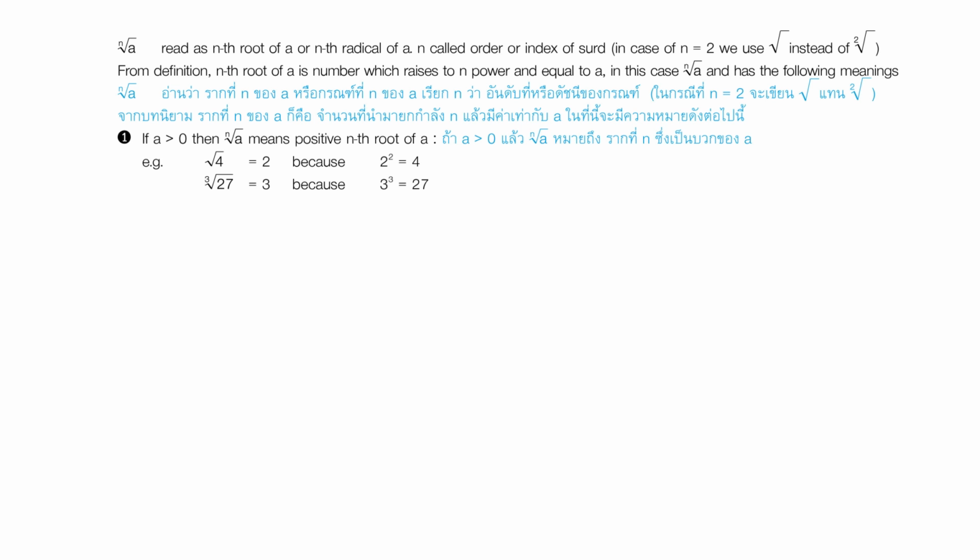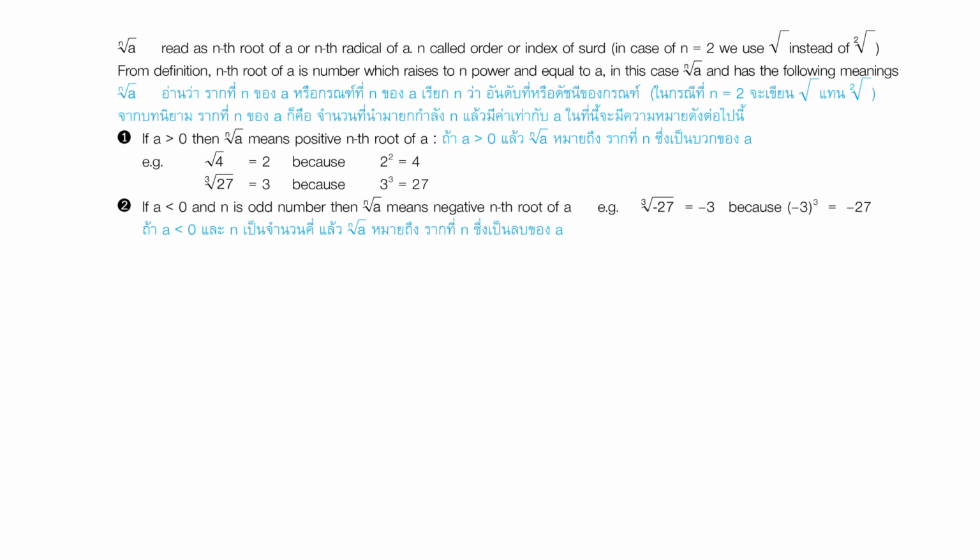1. If a is greater than 0, then the n-th root of a means the positive n-th root of a. Example, the square root of 4 equals 2 because 2 to the second power equals 4. The third root of 27 equals 3 because 3 to the third power equals 27. 2.